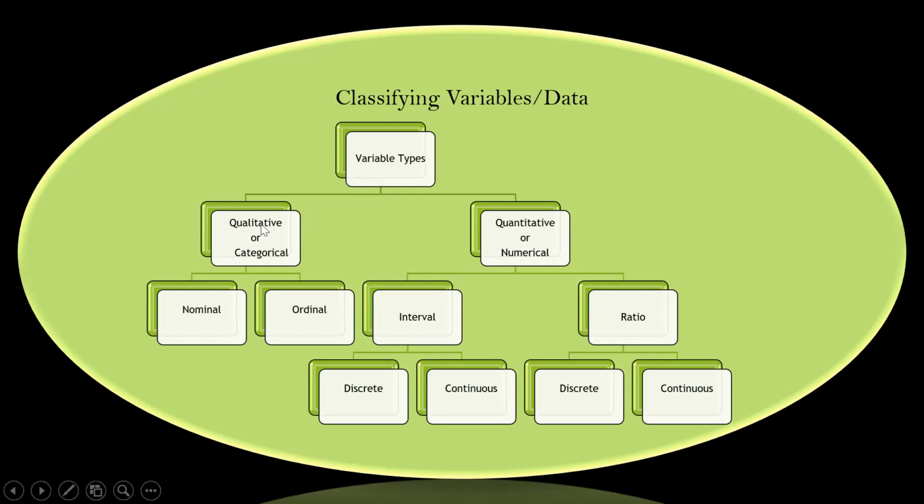If your data are qualitative or categorical in nature, they can be classified using one of the 4 scales of measurement, or technically only 2, since it's qualitative or categorical. The other 2 scales of measurement would be under the quantitative or numerical. So nominal, ordinal, interval, and ratio, these are the 4 scales of measurement.